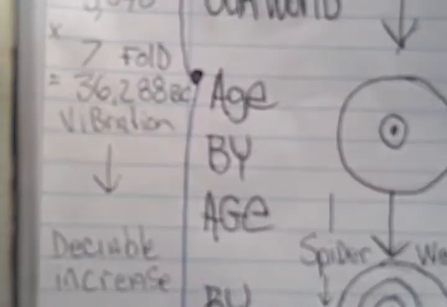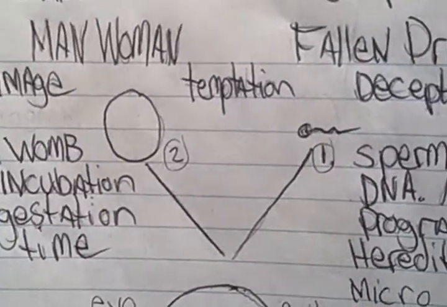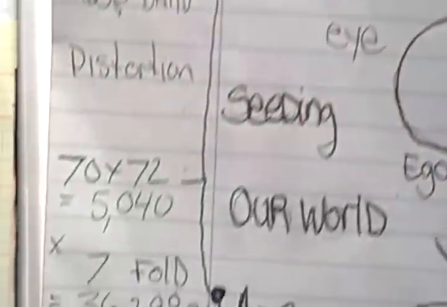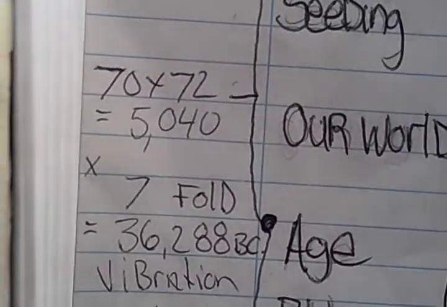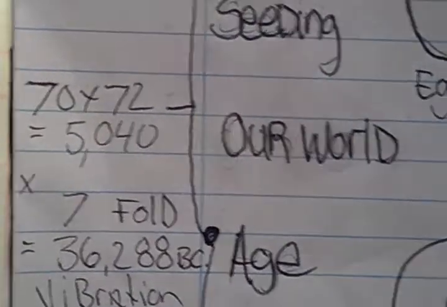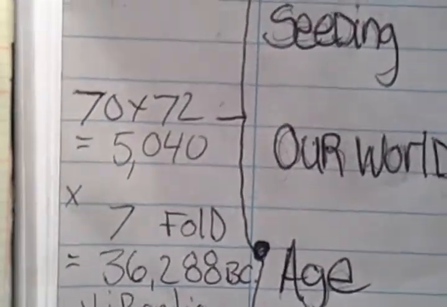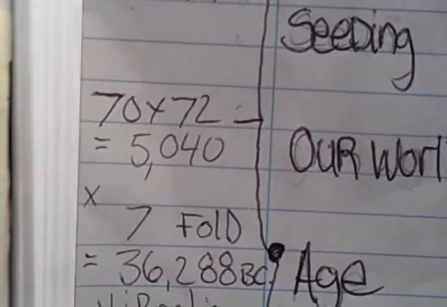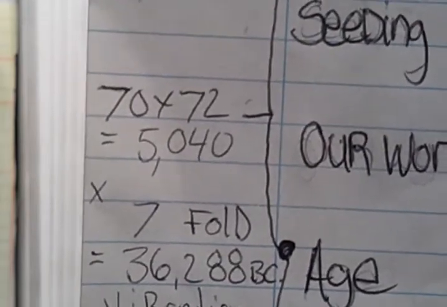Now, what I showed you here was basically study notes for me as I was delivering the information from this portion of the chart. I don't think that I ever really intended for the audience to see these notes. These are in essence notes on the sidebar for me when I did that video series. This portion here in the beginning, 70 times 72 equals 5,040.